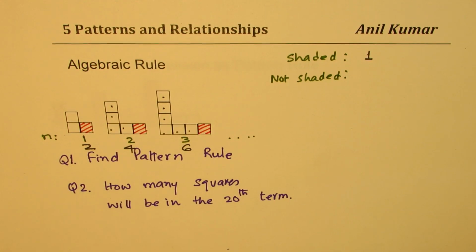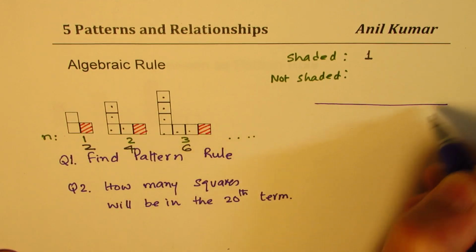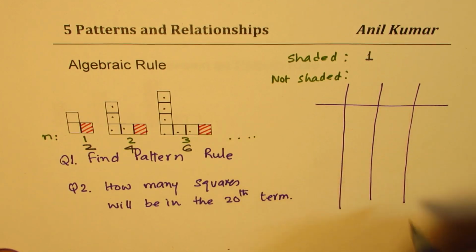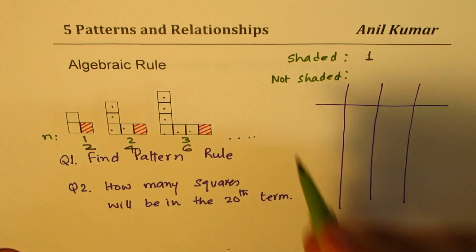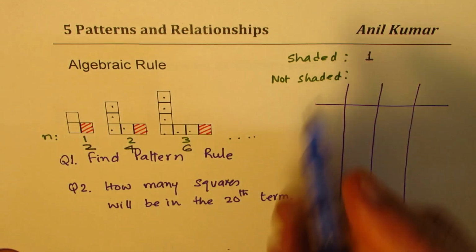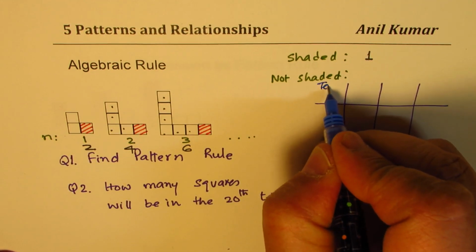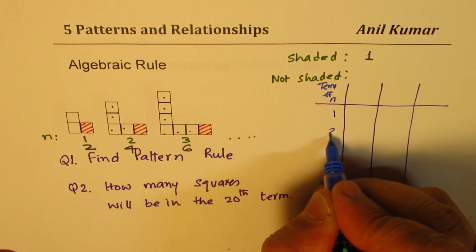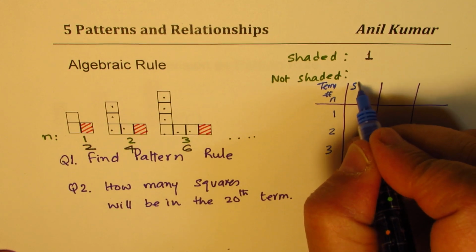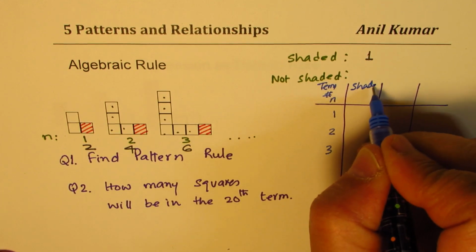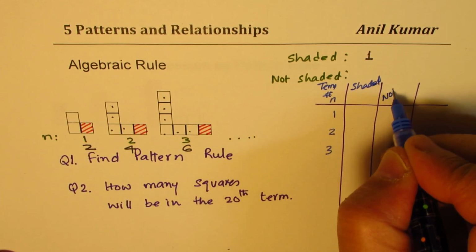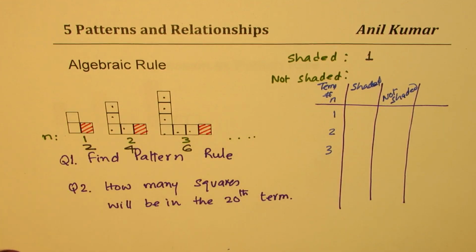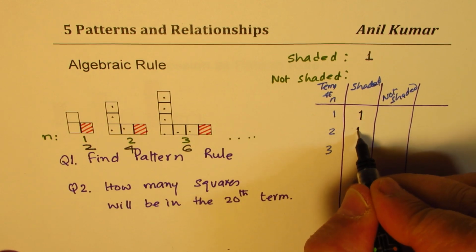So if you make a table, for example, like this, writing down the term number, which we are calling n, as 1, 2, 3. Here you write shaded, not shaded. So in shaded, we are getting 1 for each, right?